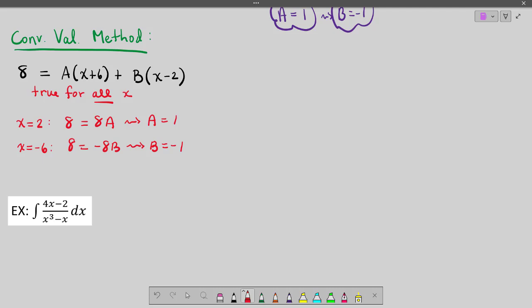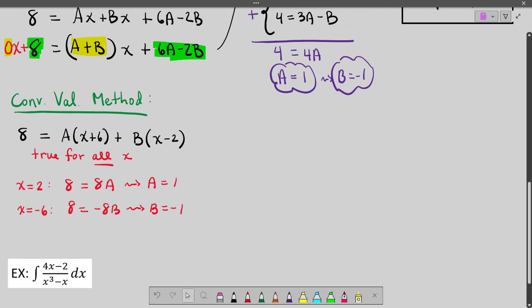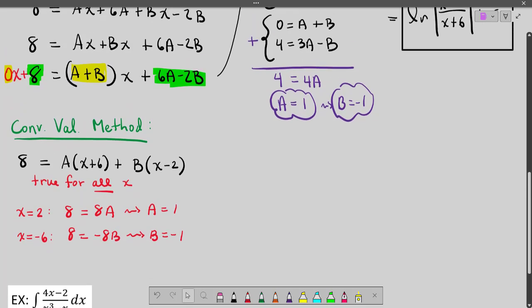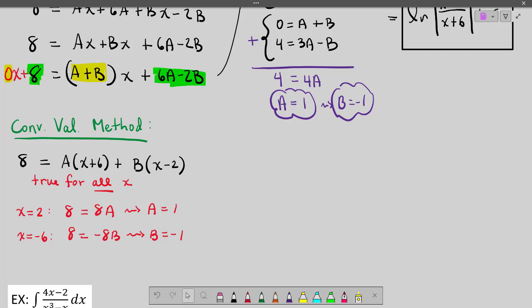That's fast. And this convenient value method works really well whenever you have linear factors. We are going to see that there are times where you have quadratic factors, and this method doesn't work as well. Because when you see this method, you're like, oh, well, why wouldn't we always do that?